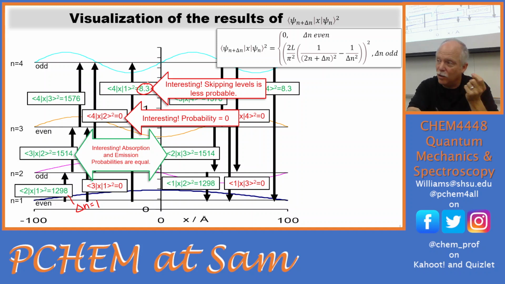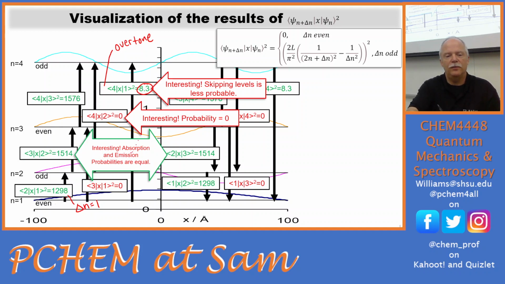So really small intensity for that peak. This is called an overtone. Okay. We'll look at some of these vocabulary words in terms of these transitions in a minute.